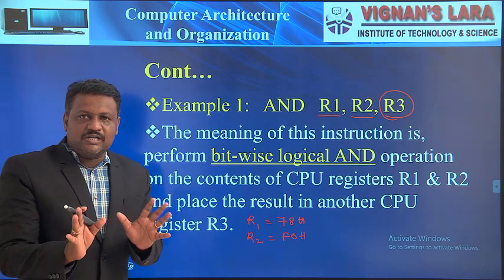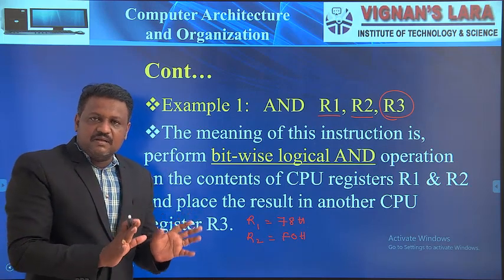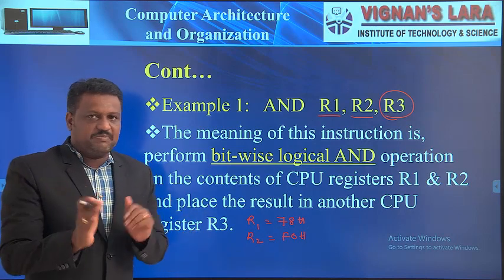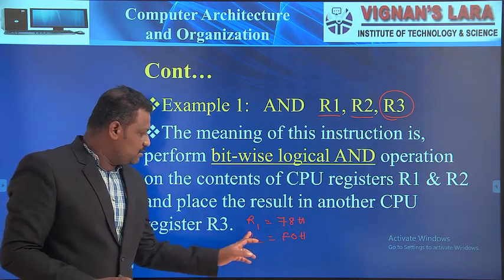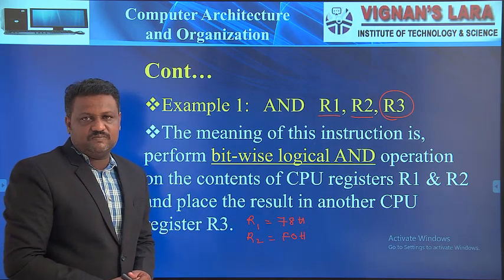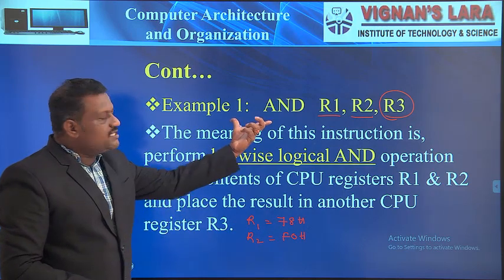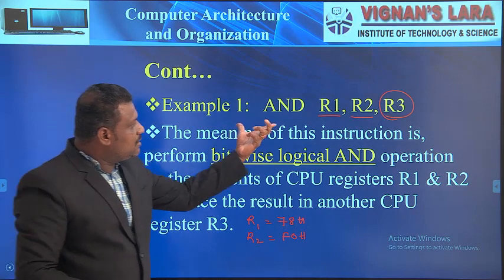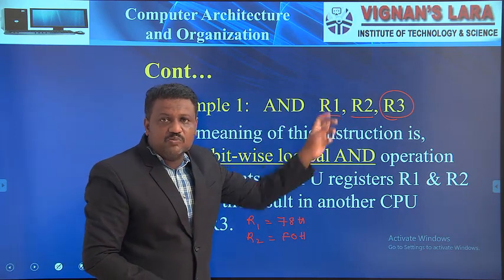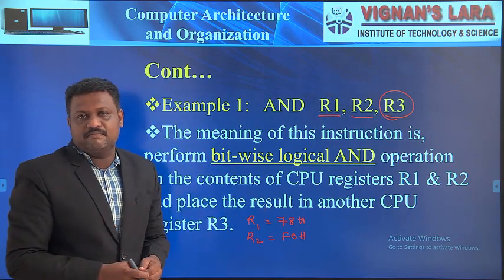I already told you clearly, in the system, the numbers are represented only with the help of hexadecimal numbers. You remember that. That's why here I was using R1 content as 78H and R2 content as F0H. In this instruction, I am doing a logical AND between the content of R1 and R2 bitwise.